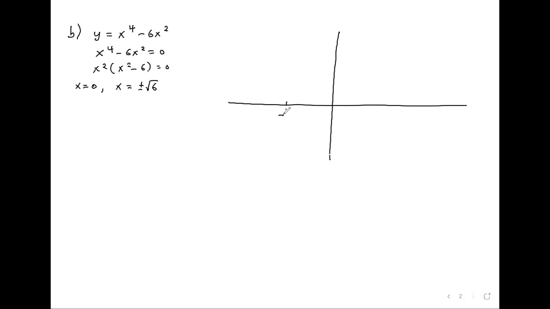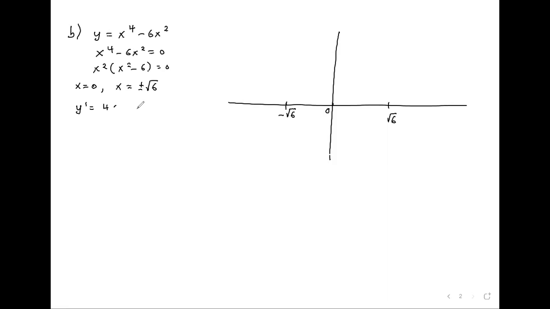Already we know it will cross at negative root 6, at 0, and at positive root 6. The y-intercept, of course, is 0. Then the turning points. So we differentiate.